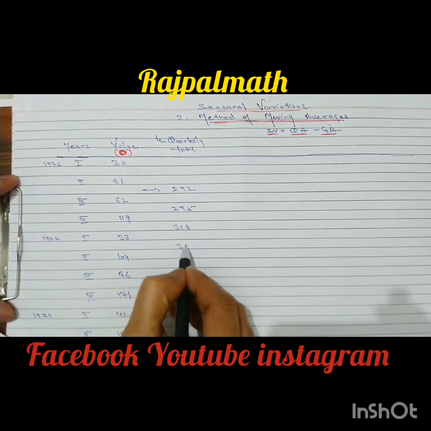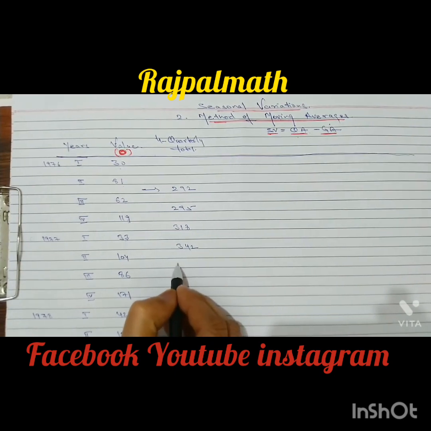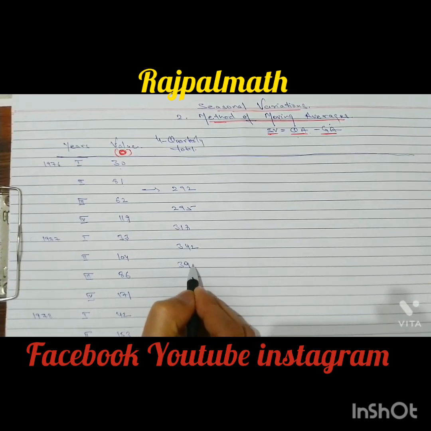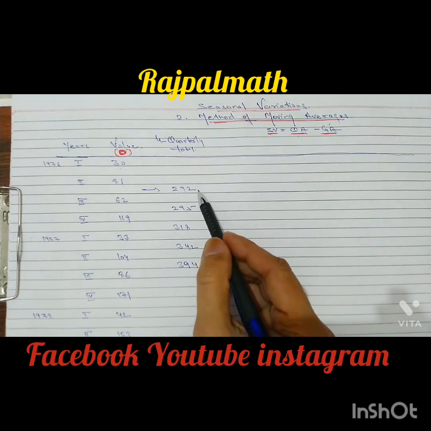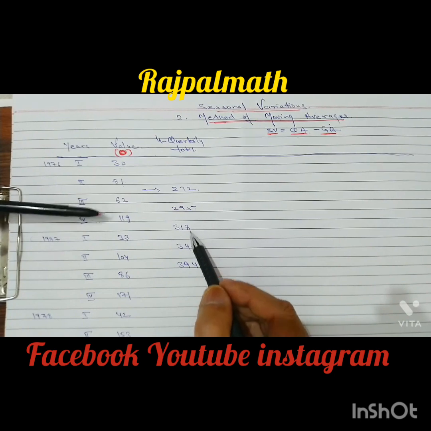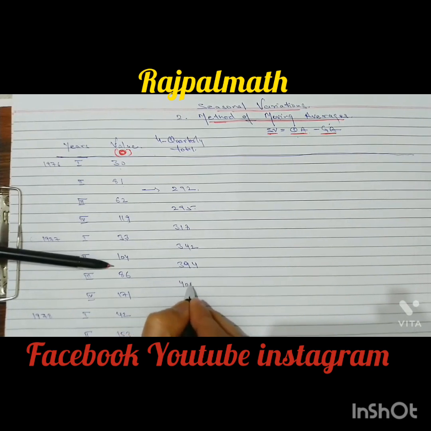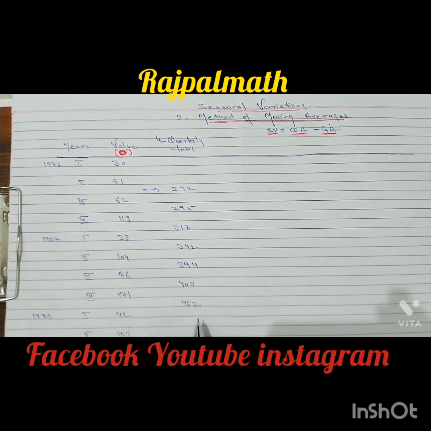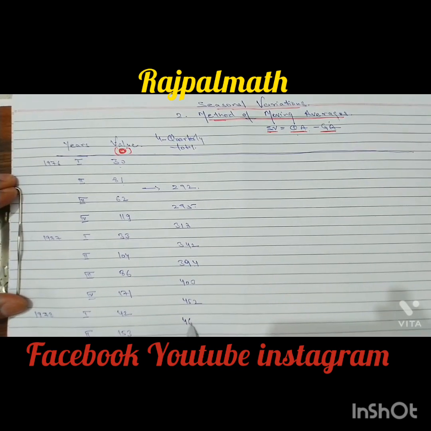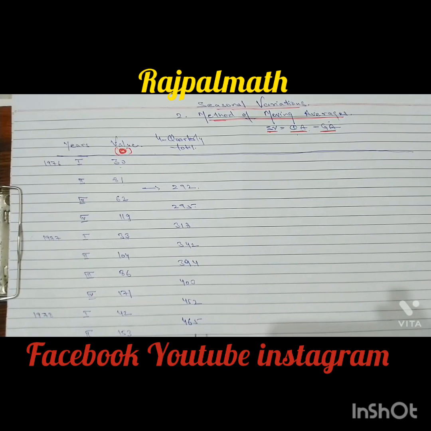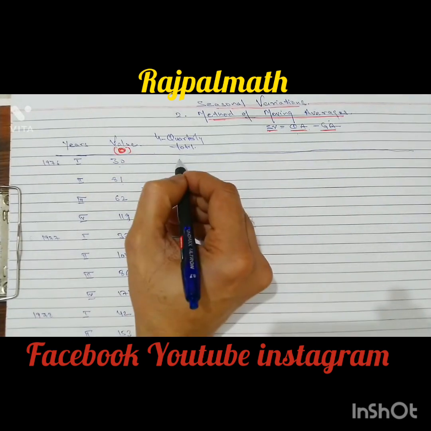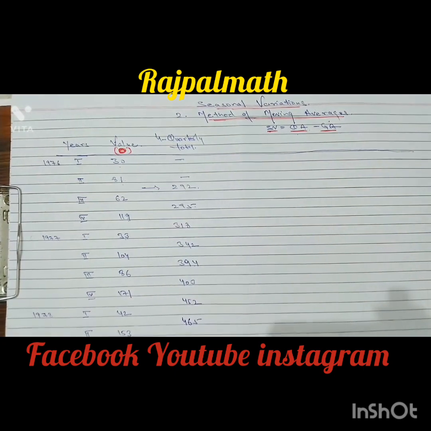Then for next 340, for next 394. So 292, 295, 318, 342, 394, then 403 for next 4, then 452 for next 4, then 465 for next 4, then 515 for next 4, dash dash for the first two terms.